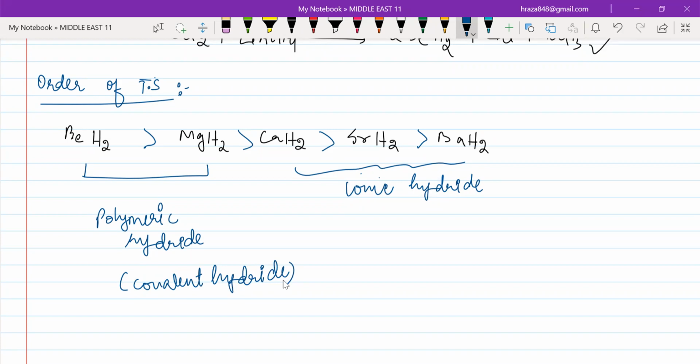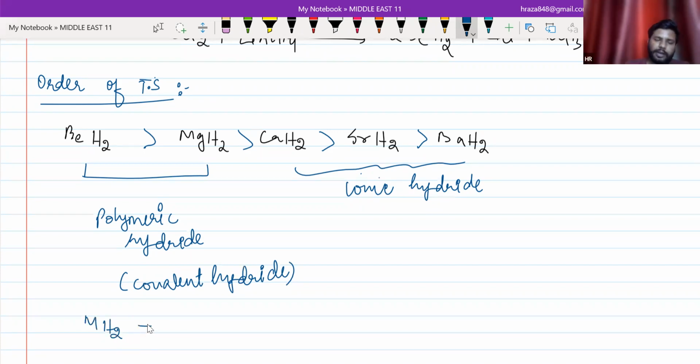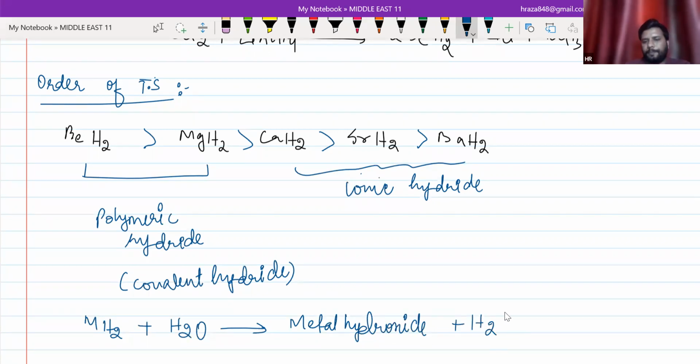Yes, sir. Please write it. And if you react it with water, it will form the metal hydroxide of the second group element, plus H2 will evolve. So I am going to write a reaction for calcium hydride.